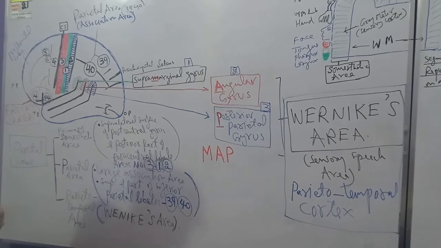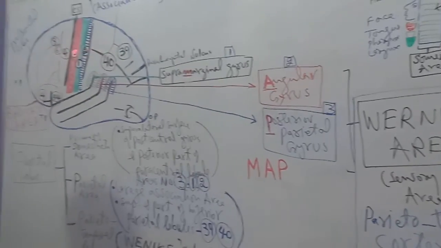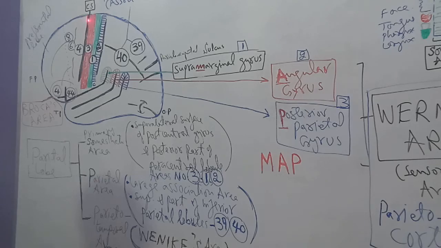Now, we discussed the primary somesthetic area, the sensory cortex, areas number 3, 1, 2, between the central sulcus and the postcentral sulcus on the supralateral surface of the parietal lobe. Then I told you here is the sensory speech area, Wernicke's area, which is at the junction of and includes part of the parietal lobe and temporal lobe, the parieto-temporal cortex.